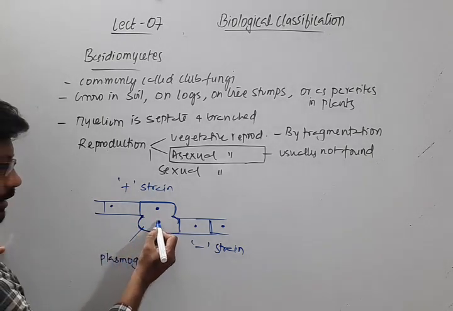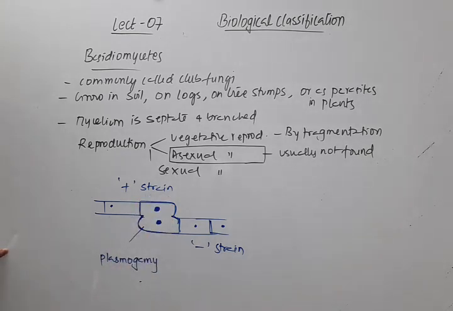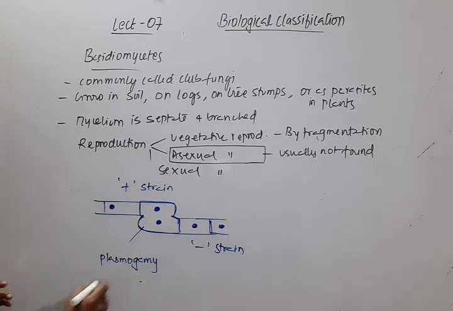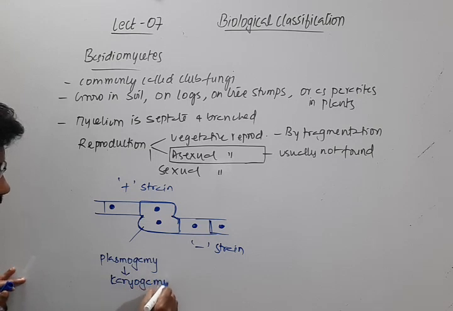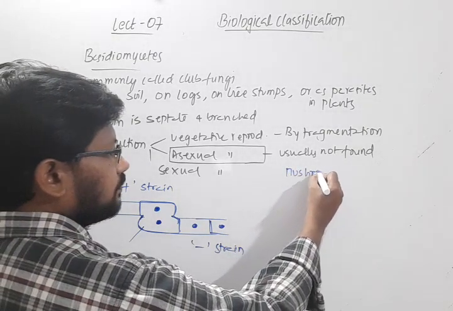Immediately the plasmogamy is not followed by karyogamy, hence you will find the two nuclei separate, so they don't fuse immediately. Later they fuse. Of course, the plasmogamy is followed by karyogamy, and this later will develop into a fruiting body, what we call a basidiocarp. Here I'll take an example, mushroom.